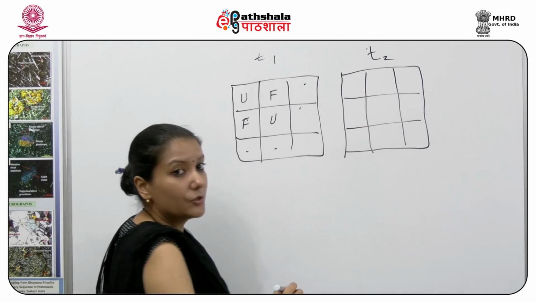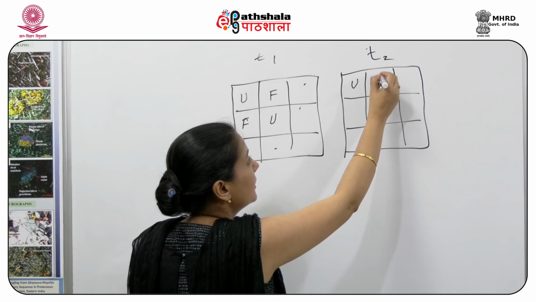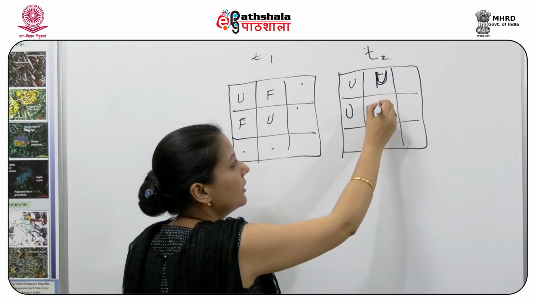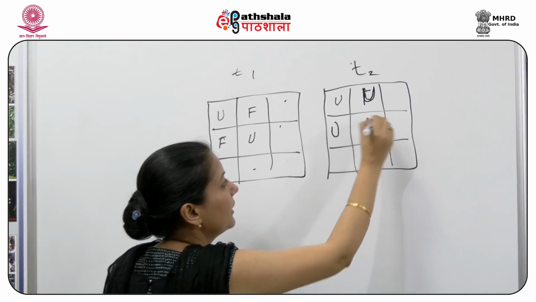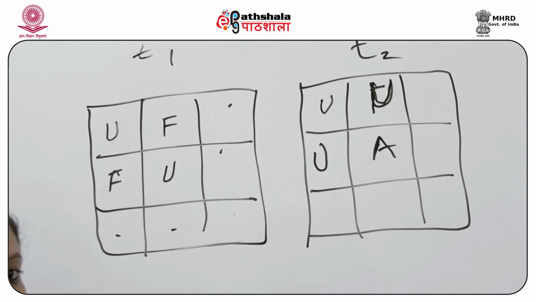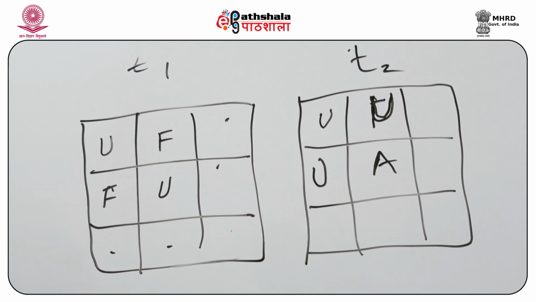Similarly in T2, this remains urban, but this becomes urban here, and this is also urban, and this was urban, so it converts to maybe agriculture. So you will see from time T1 to T2 we have a change in information class with a classification technique.